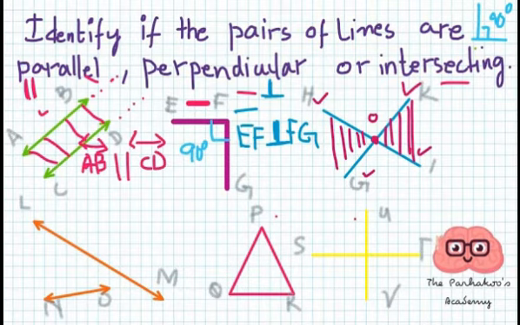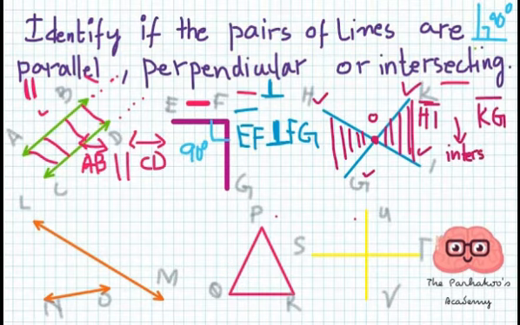So HI and KG are intersecting lines. There's no symbol for the intersecting lines, so we can write that these are the intersecting lines. Here the point of intersection is important, which is O.